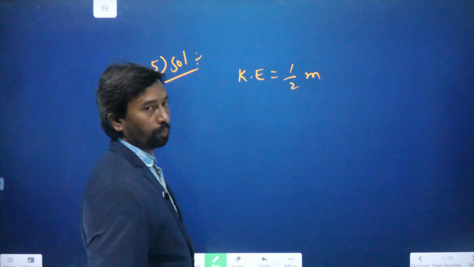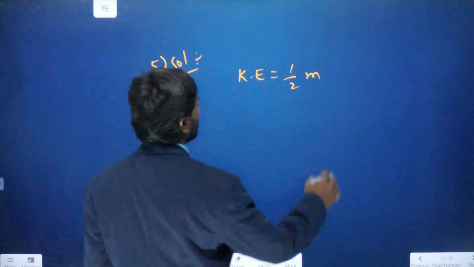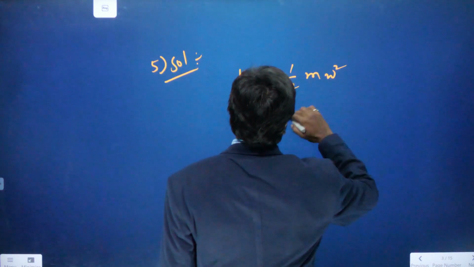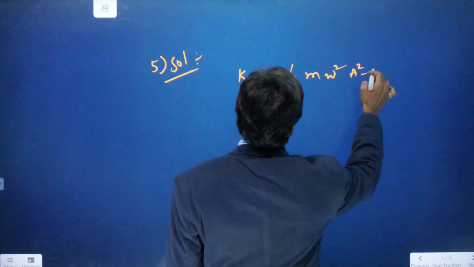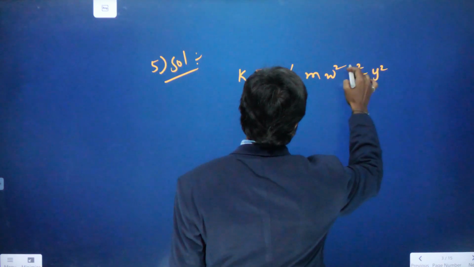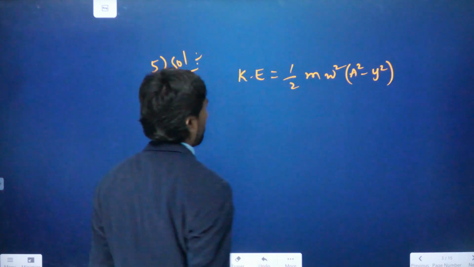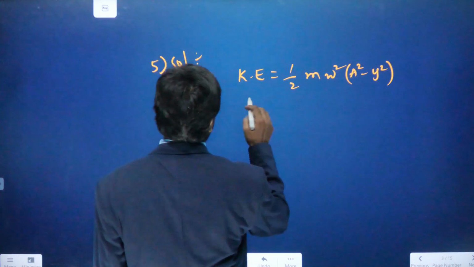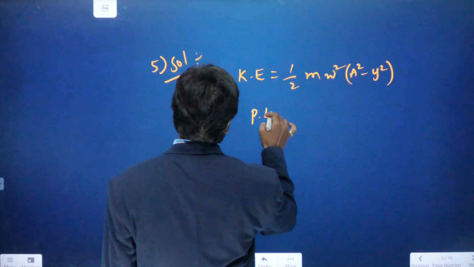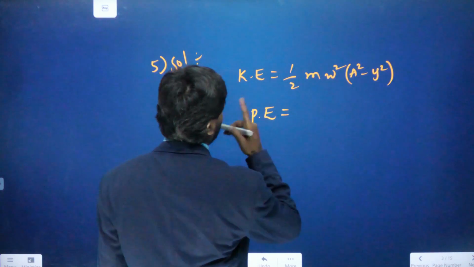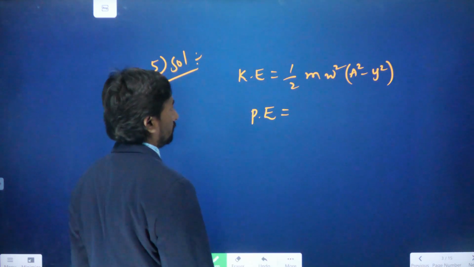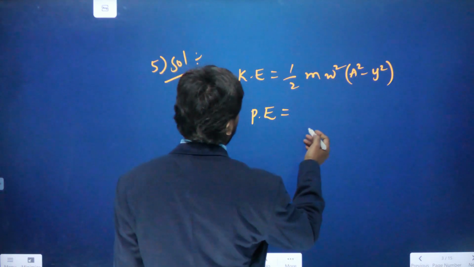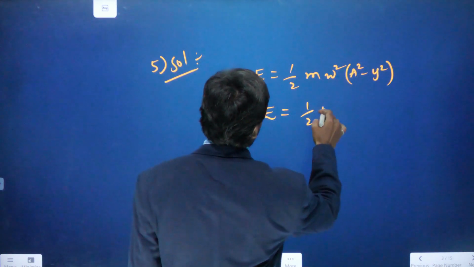The v square formula we got is omega square into a square minus y square. And the potential energy equation: potential energy is equal to half into k y square.